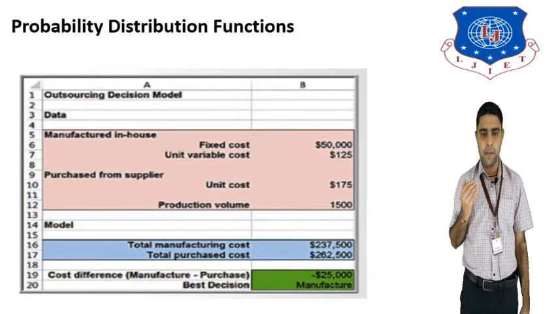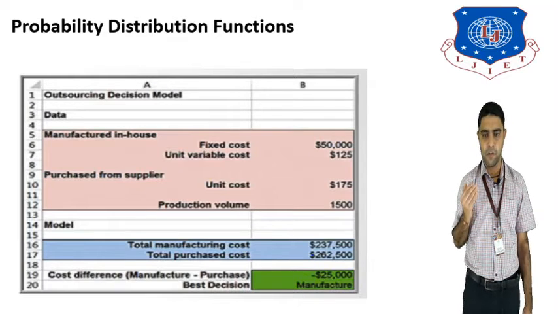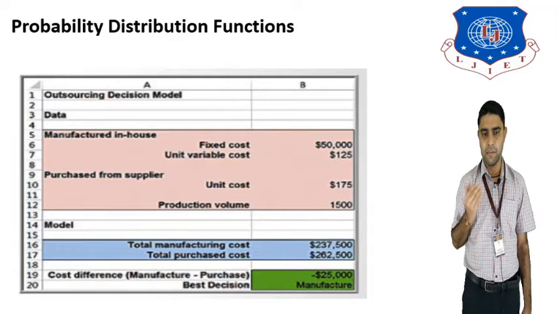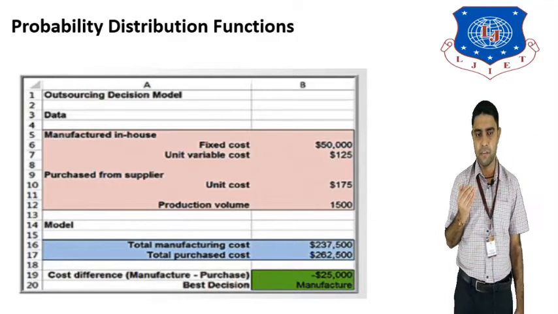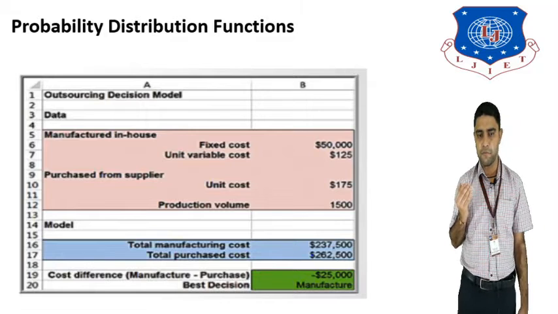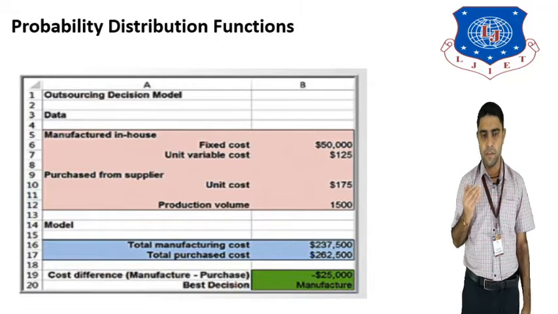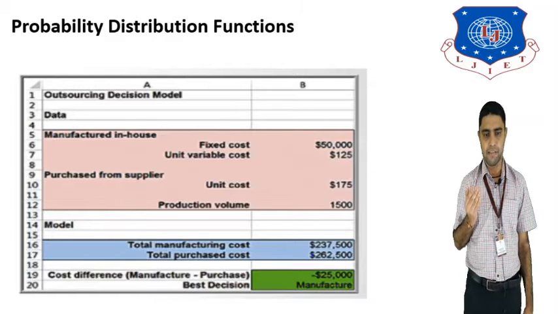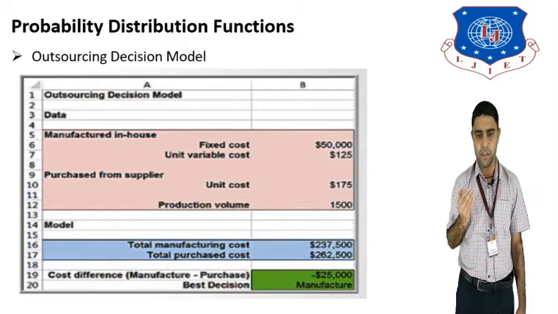Manufacturing in-house: the fixed cost is $50,000 and the unit variable cost is $125. The model is purchase from supplier: the unit cost is $175. Production volume is 1000. The probability distribution function is used for that example, the outsourcing decision model.